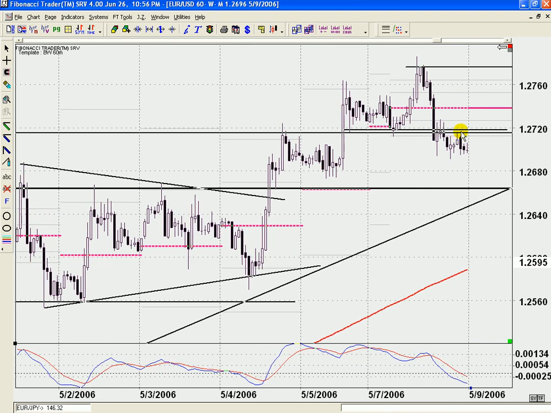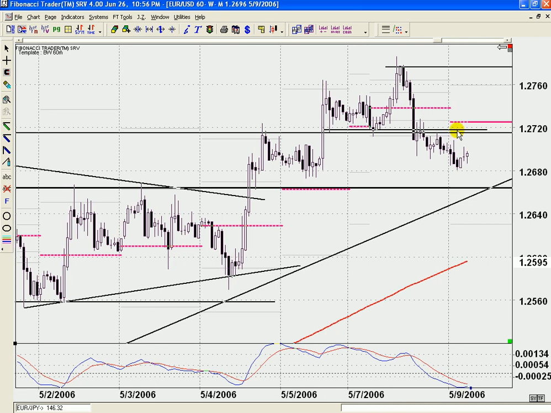We'll just move through the Monday. Now we are into the Tuesday trading. We are watching these key levels of support here.